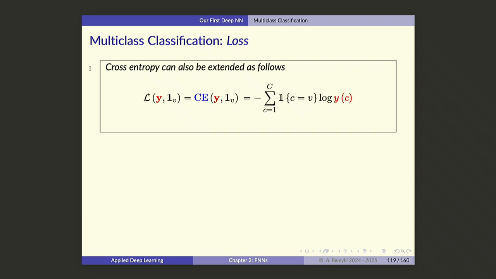Everything else is 0. So when you open it up, this is going to be minus the logarithm of y of the true class, right? So if you know your true class is 3, then your cross entropy is simply the logarithm of 1 over the third output of your neural network, right? Everybody's clear?